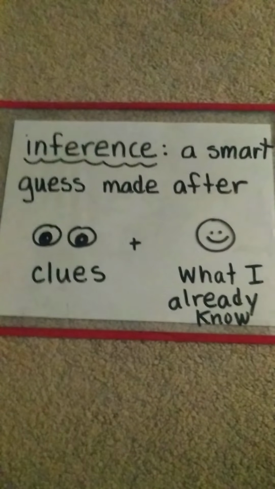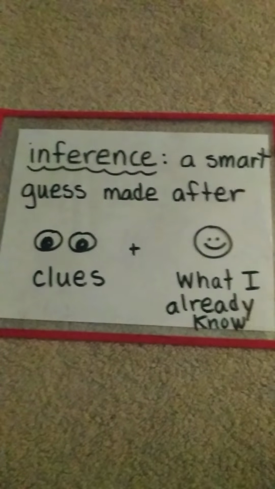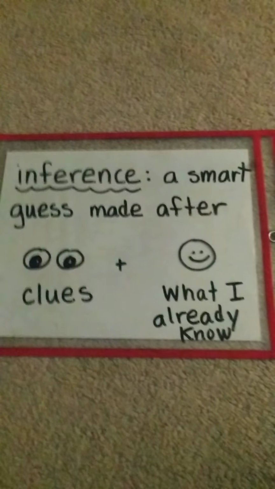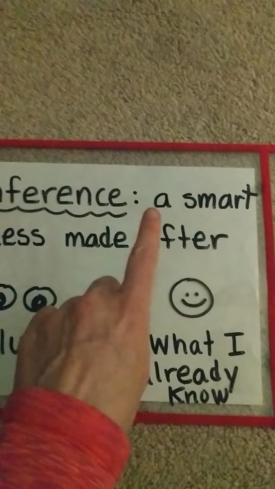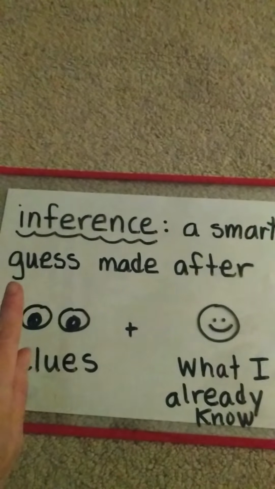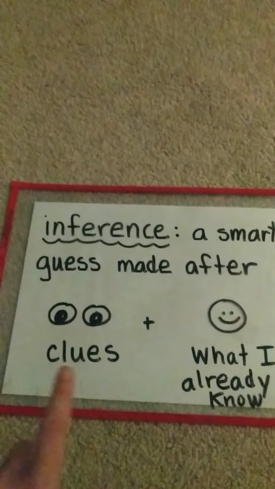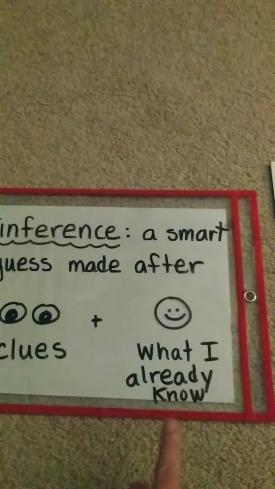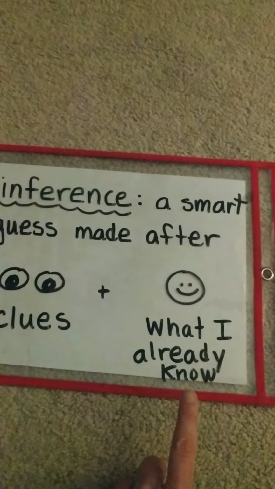Today, we're going to talk about making an inference, which is what you watched in the video before this one. An inference is just a fancy word that means a smart guess that the reader makes after looking for clues in the words and the pictures and thinking about what he or she already knows.